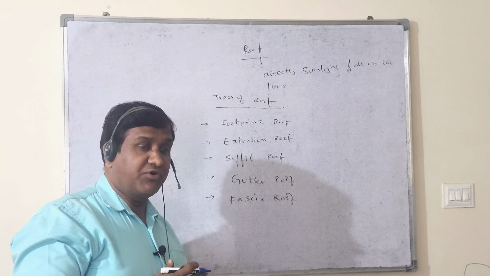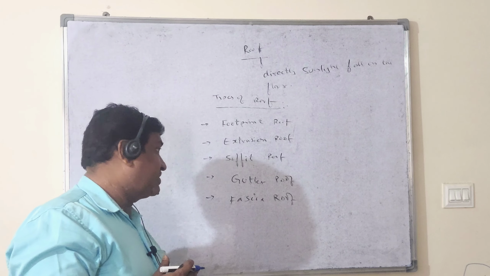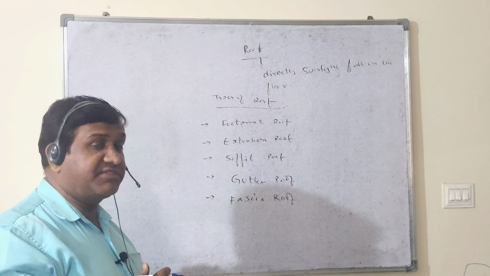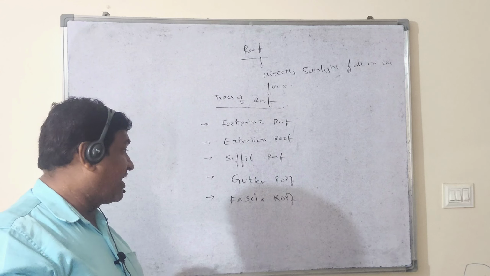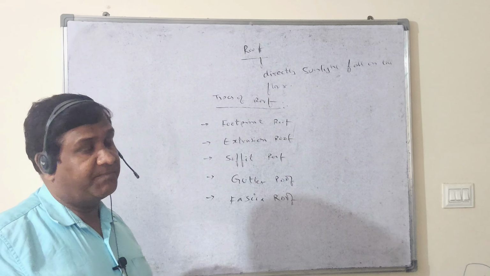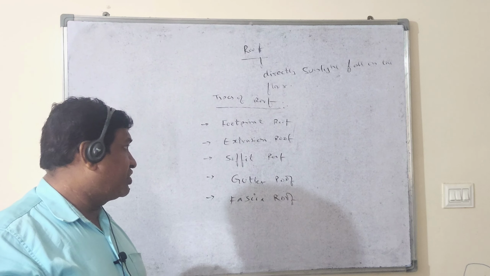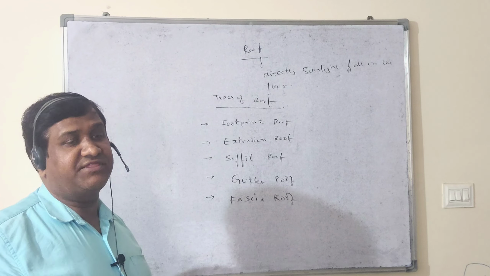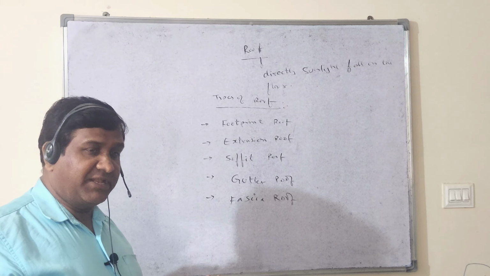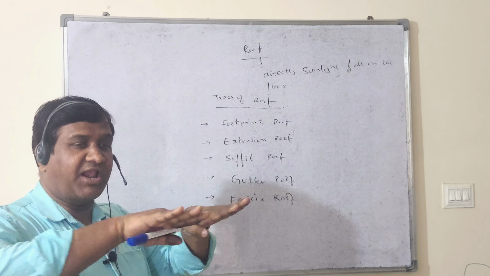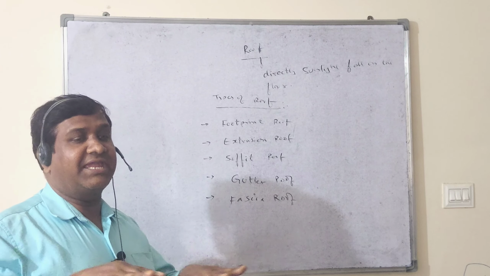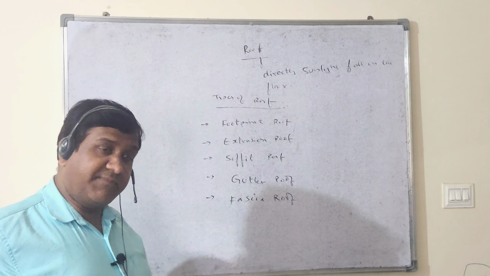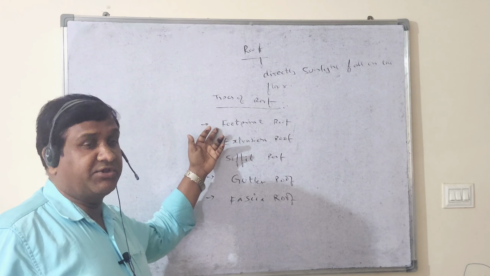So what is footprint? What is extrusion? What is soffit? What is gutter roof? And what is fascia? That also we have to know. Most probably for residential buildings you will see the roof is flat. There is no angle, nothing. That type of roof floor we will call a footprint roof.